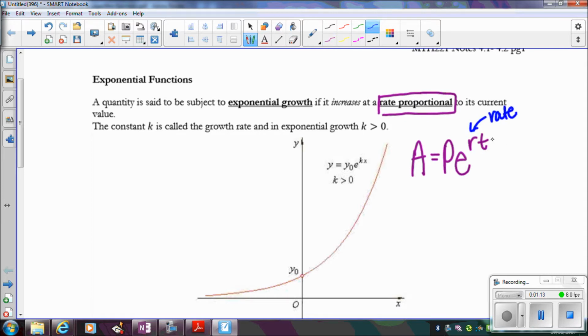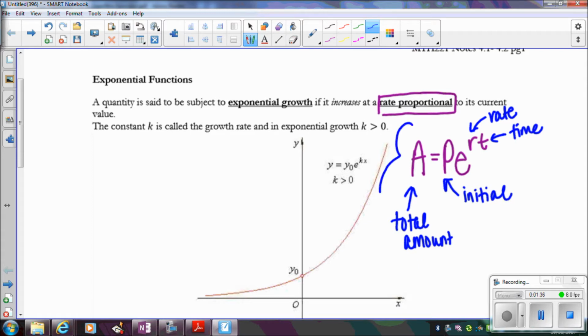So rate is r, t is going to be time, a is going to be your total amount, and then p is the initial amount, and e is just a number, so e is always just going to be used in this.